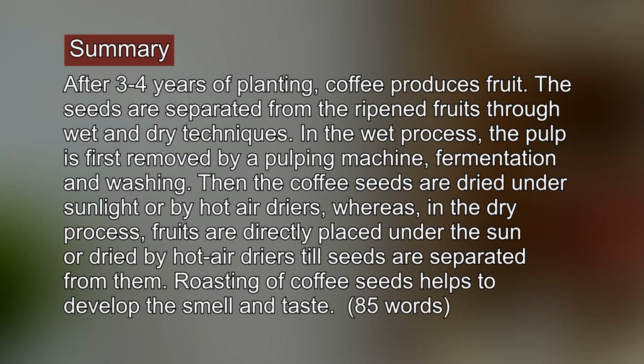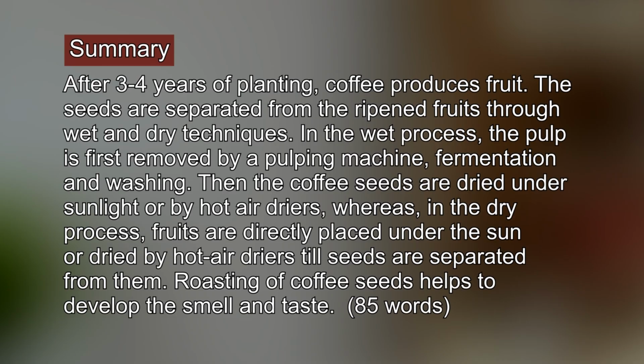Here is an example summary that we have written. It goes like this. After 3-4 years of planting, coffee produces fruit. The seeds are separated from the ripened fruits through wet and dry techniques. In the wet process, the pulp is first removed by a pulping machine, by fermentation and washing.